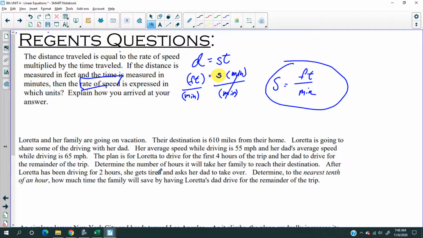You can say, hold on, let me see if I could find the official answer. Okay, I just looked it up real quick. So you can say the unit is feet per minute because speed is expressed as distance over time.